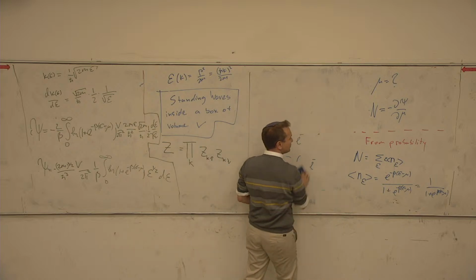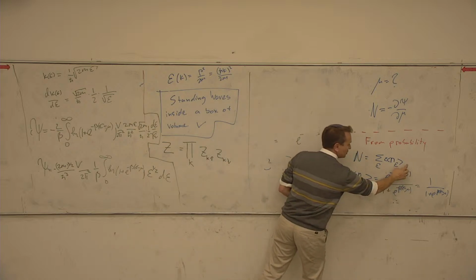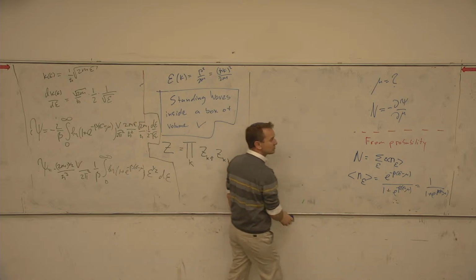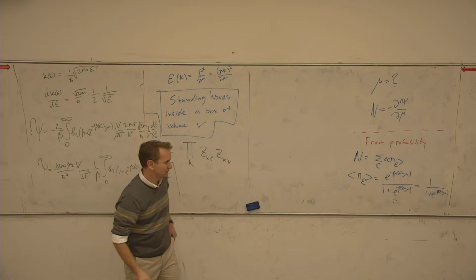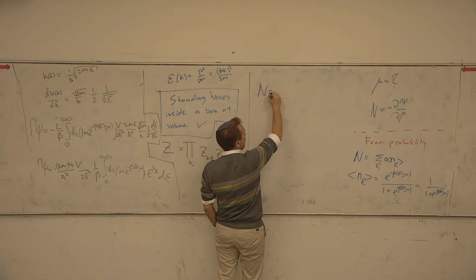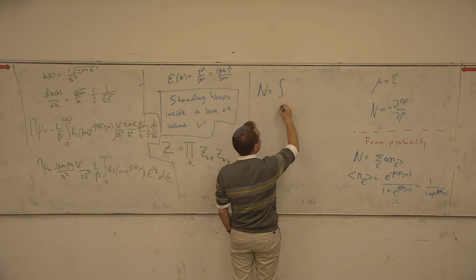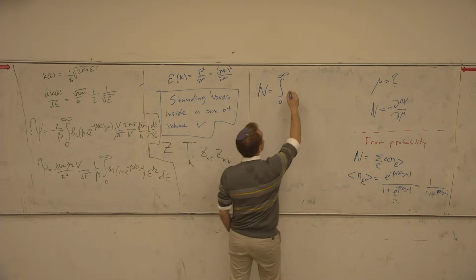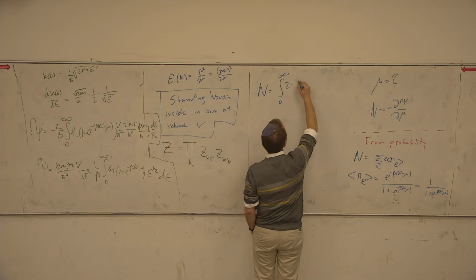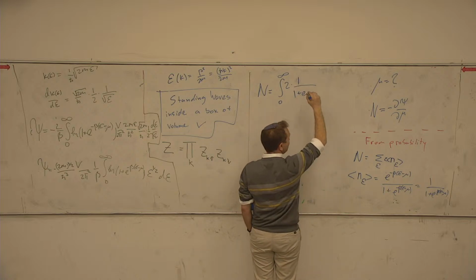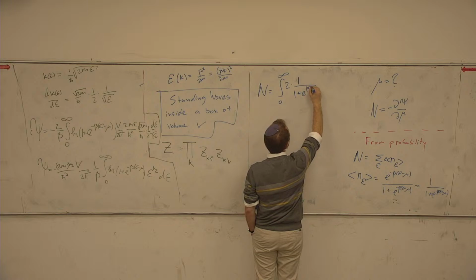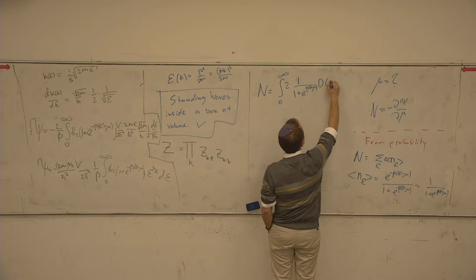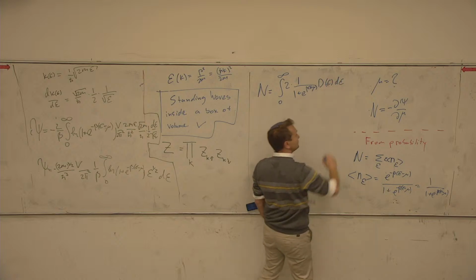Okay, so we have to plug this result into here. And remember that it's not a sum, but it's an integral over all the energetic states. So n equals an integral over energy from 0 to infinity of 2 multiplied by 1 over 1 plus e to the power beta epsilon minus mu, and here we have d epsilon.